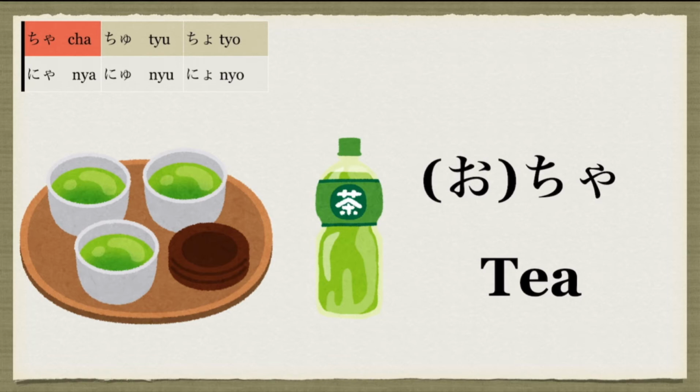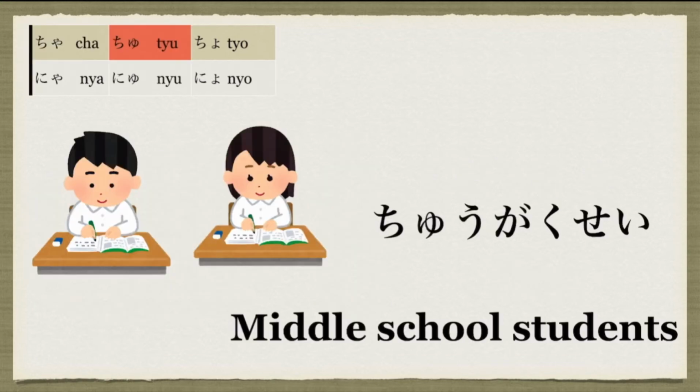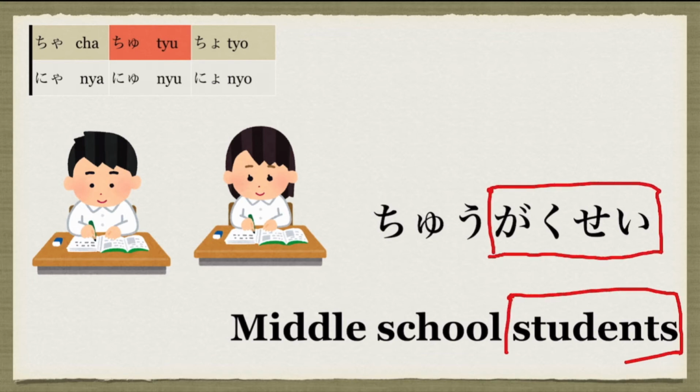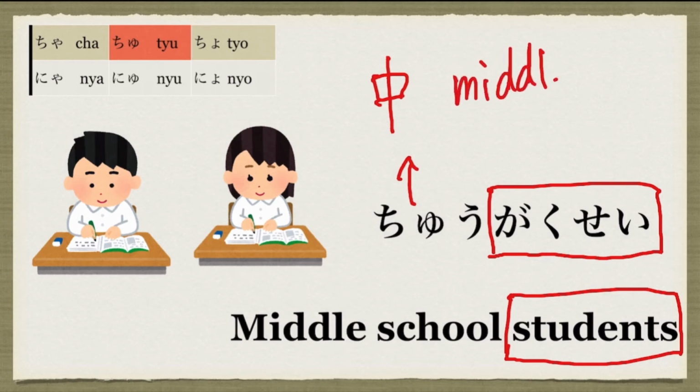It's a bit polite, but both are okay. 中学生. Here also 学生 is student, and 中 in kanji, we use this kanji, so it means middle.